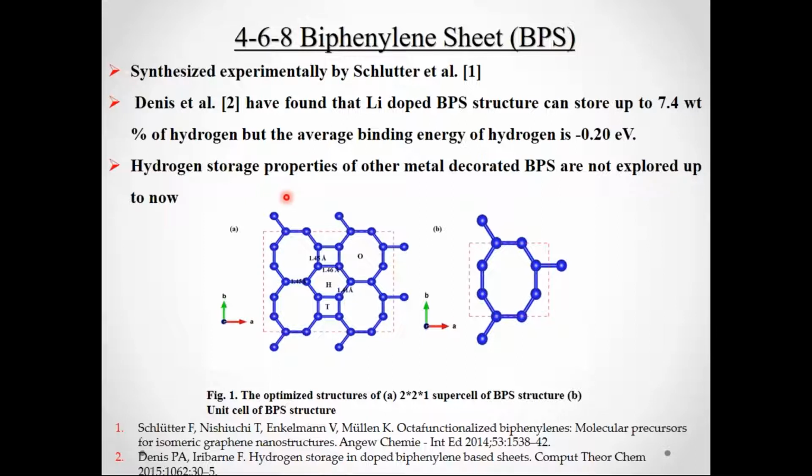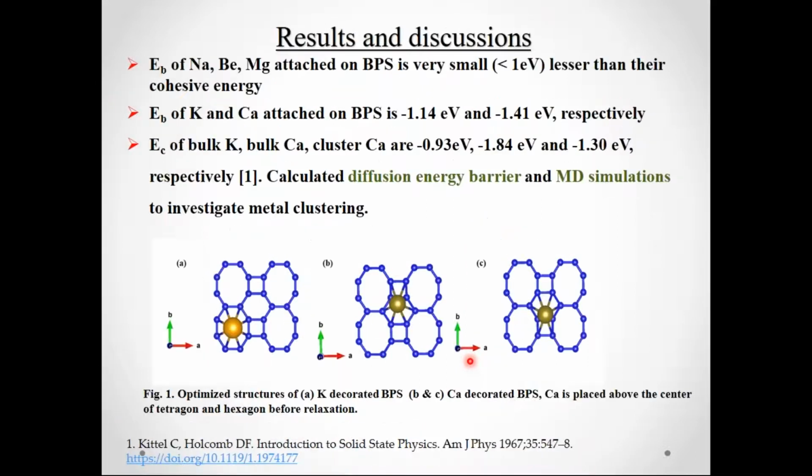Therefore, we have decorated this structure with different alkali and alkali earth metals and investigated the hydrogen storage properties of this material. We have placed different alkali and alkali earth metals, including sodium, beryllium, magnesium, potassium, and calcium, at various sites of the biphenylene sheet, and found that the binding energy of sodium, beryllium, and magnesium is very small and lesser than the cohesive energy.